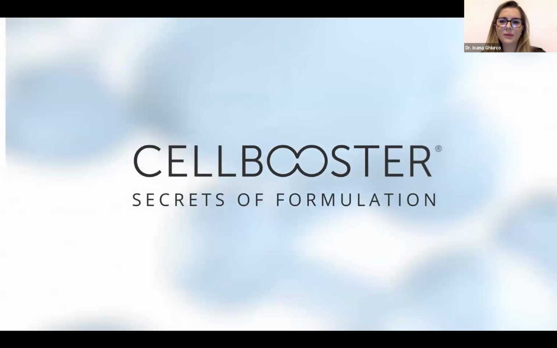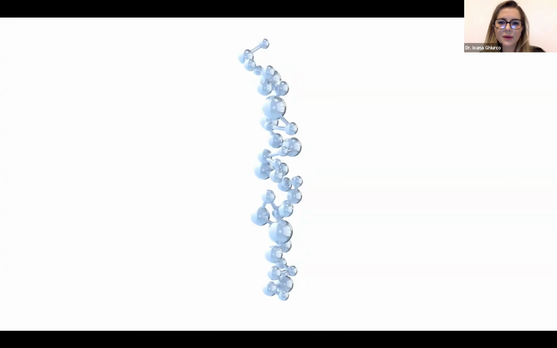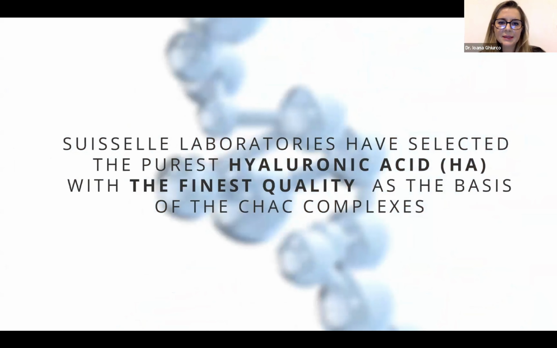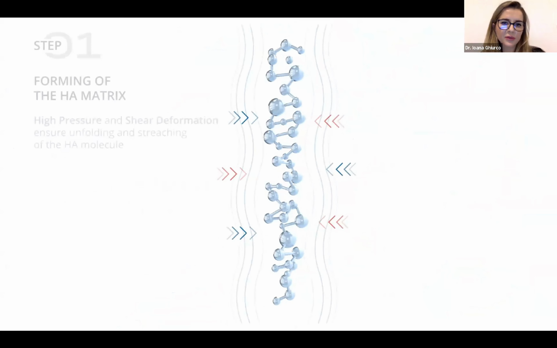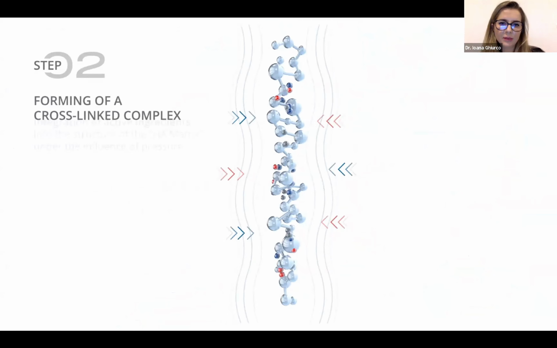So this is the video with the process, the main steps. The high quality hyaluronic acid, with external pressure put on top of it, we will do this shear deformation. The active ingredients will go inside the molecule.